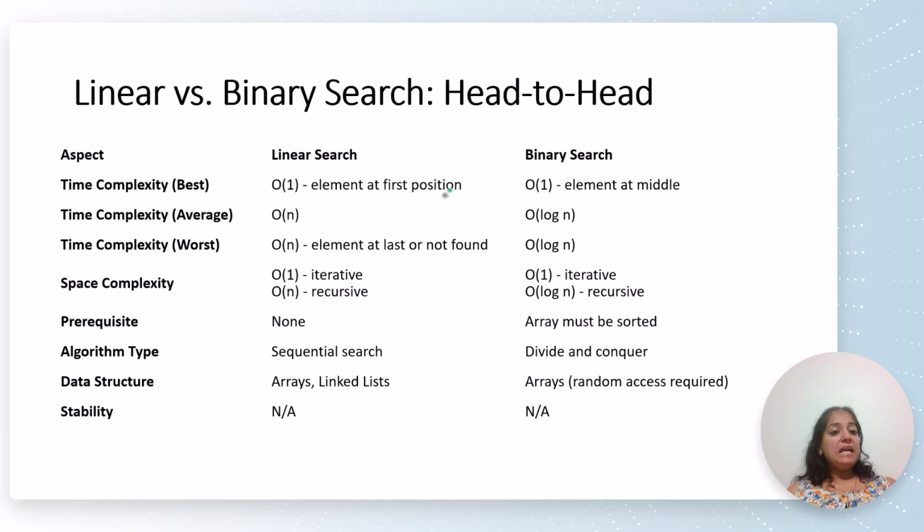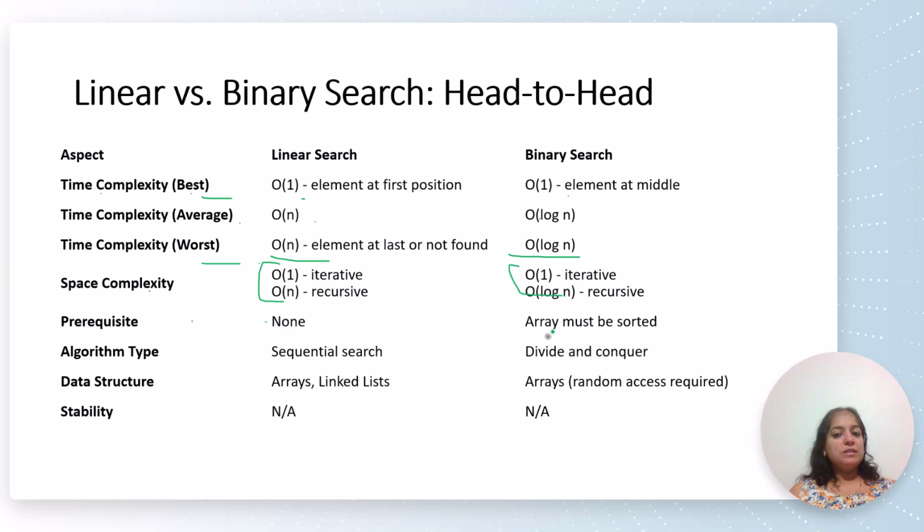So if we compare linear search versus binary search, time complexity for the best case, big O of 1, big O of 1. Average, big O of n, big O of log n. In the worst scenario, big O of n, big O of log n. Space complexity, big O of 1 and big O of 1, big O of log n.